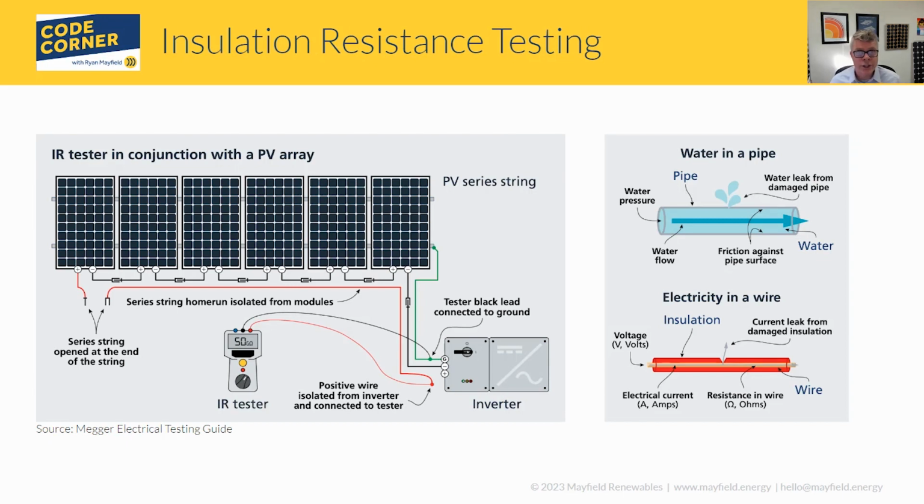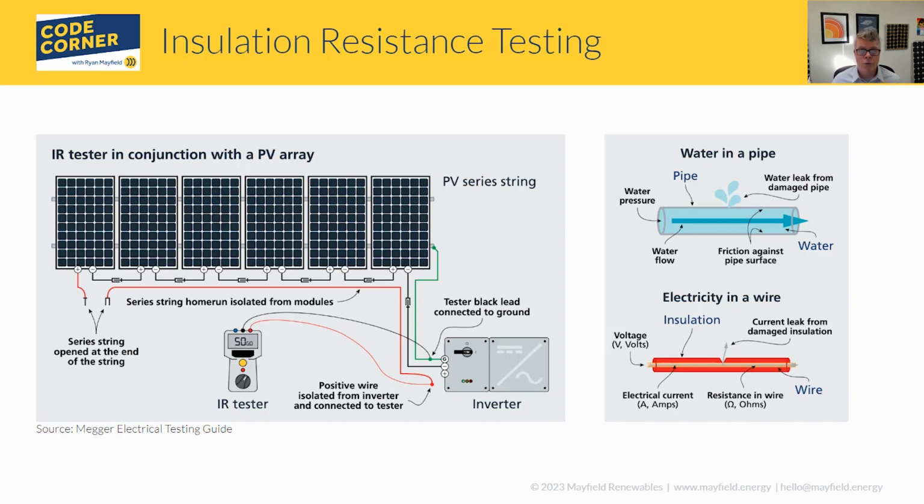So, installation resistance testing. Hopefully, at a high level, quickly, what it means and how we're accomplishing this. In short, what you're trying to do with an installation resistance test is pressurize the conductors and look for any leaks. It's just like water in a pipe, the analogy we always use for electricity.